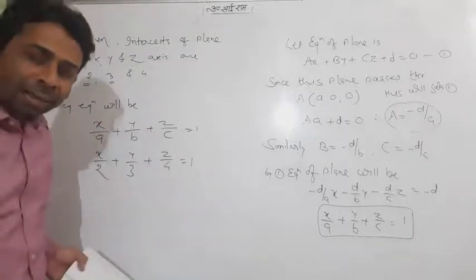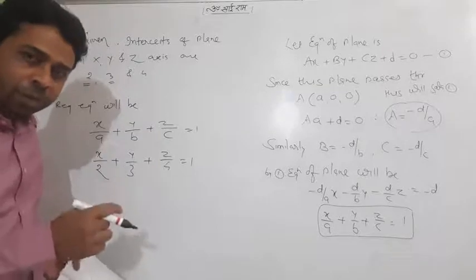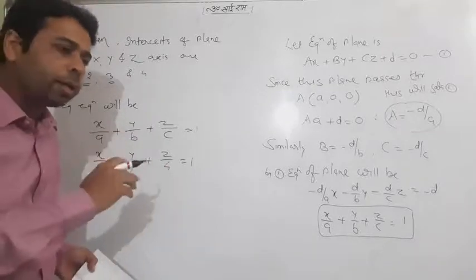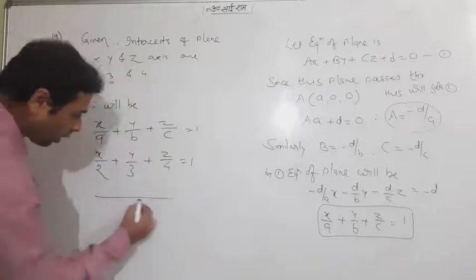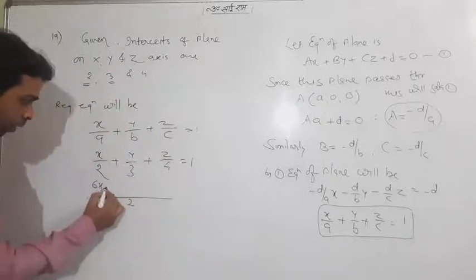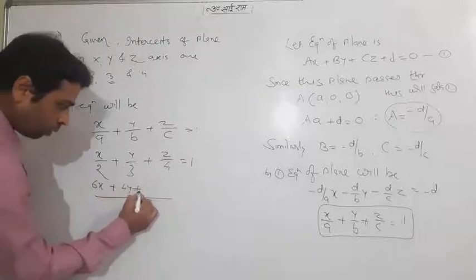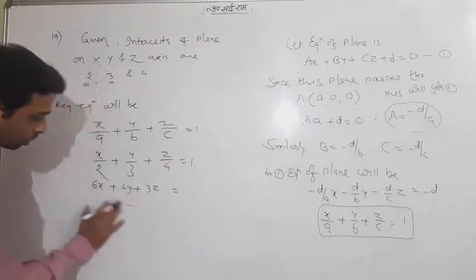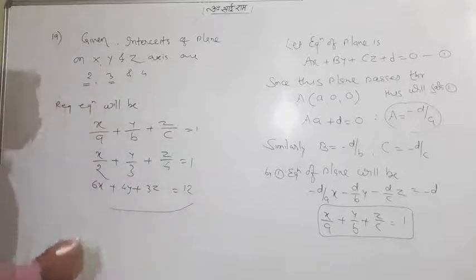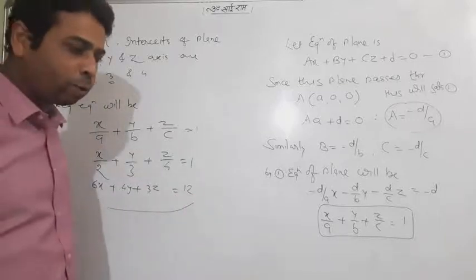You also can take the LCM. Nothing very special, very necessary to do so. If you just want to take it, okay, 12 will be coming here, 6, 4, 3, and definitely 12 will transfer to the other side, so this is gonna be 12. So this is your simple answer we are having. So I don't think it's a trouble.